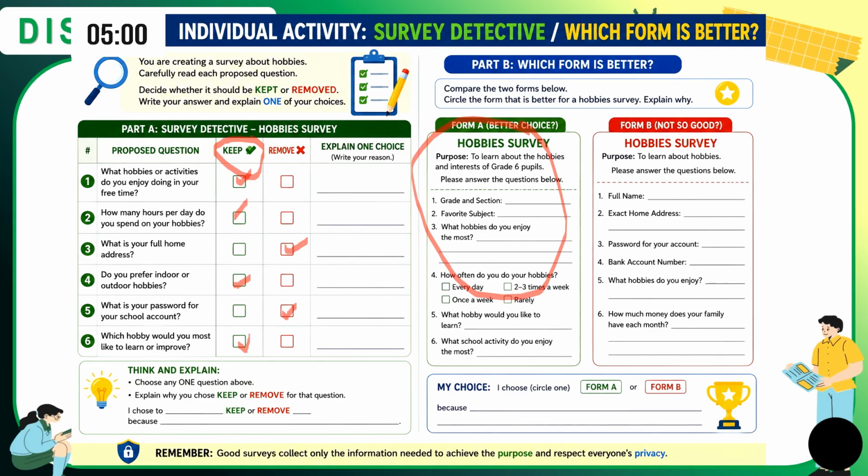Form B asks for unnecessary and private information such as exact home address, password, bank account number, and family income. So, the important lesson is a good survey asks only relevant questions and protects the privacy of the people answering it. Okay, so did you get it, class? If you get it, very good.